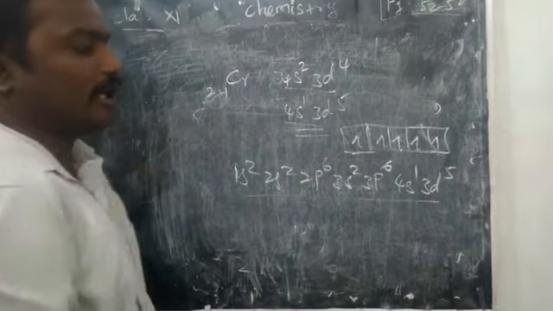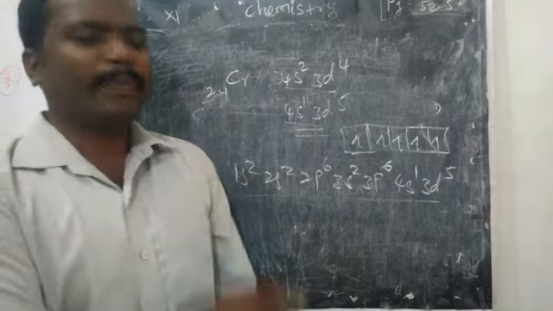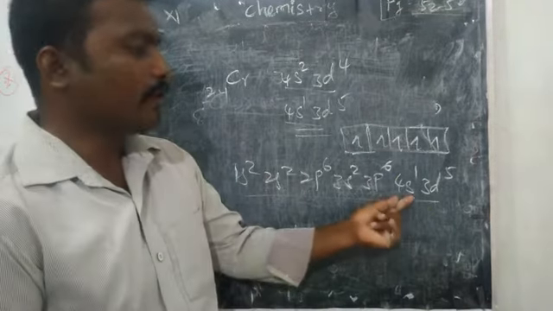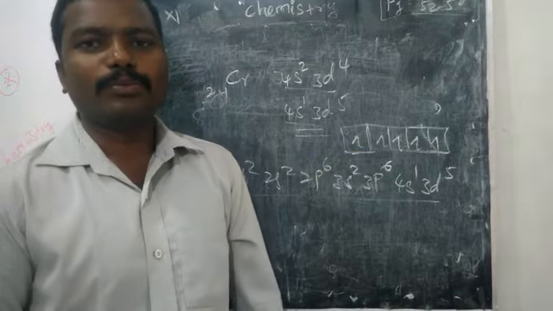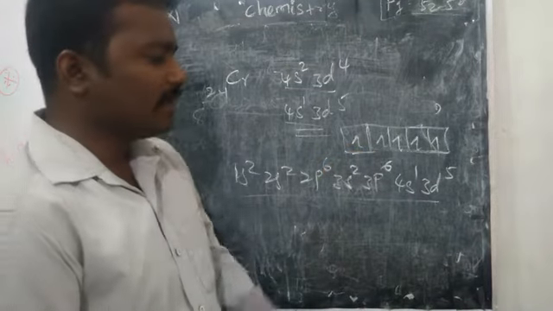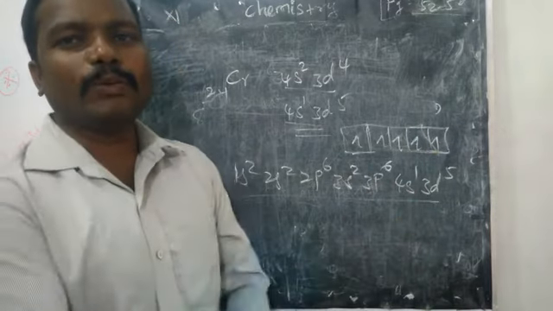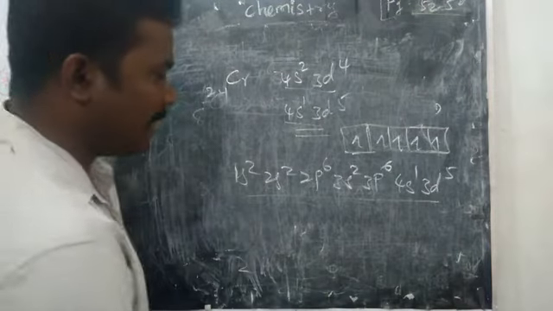This is the electronic configuration. But as per the Aufbau principle, 4s2 3d4 would come because 4s has the lowest energy. But here the half-filled arrangement becomes more stable for chromium. That's why they make themselves a half-filled orbital by shifting one electron from the 4s to the 3d orbitals.